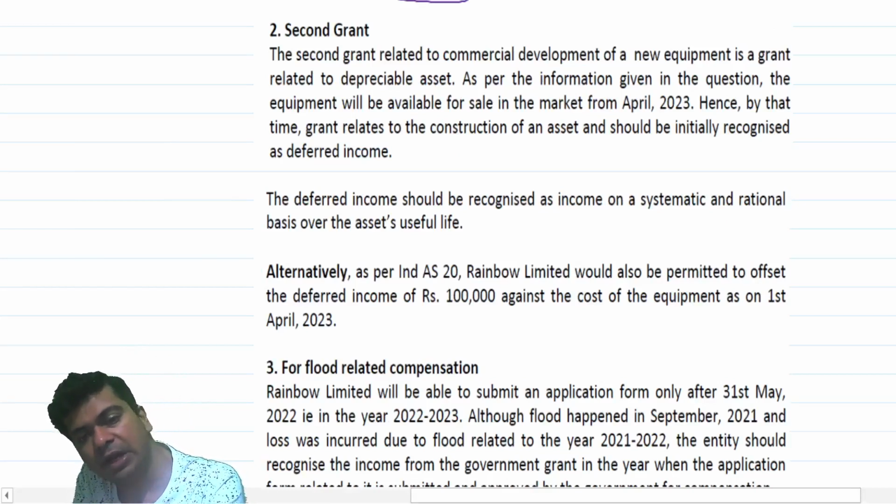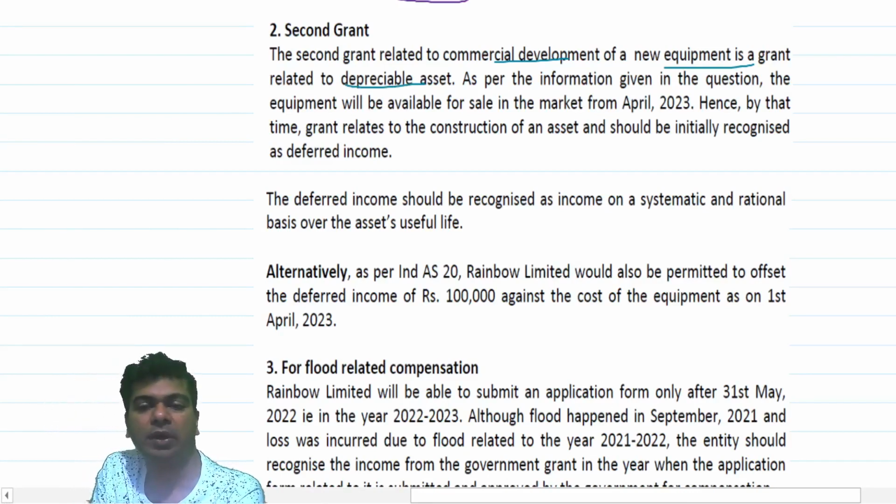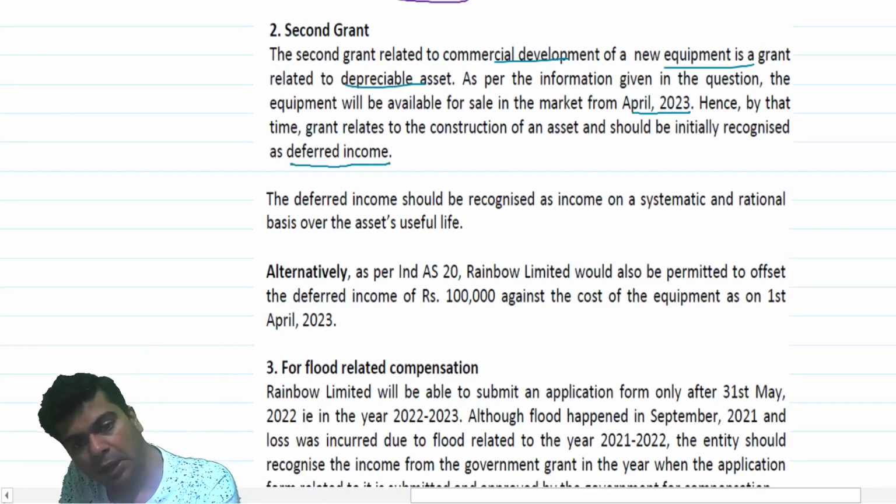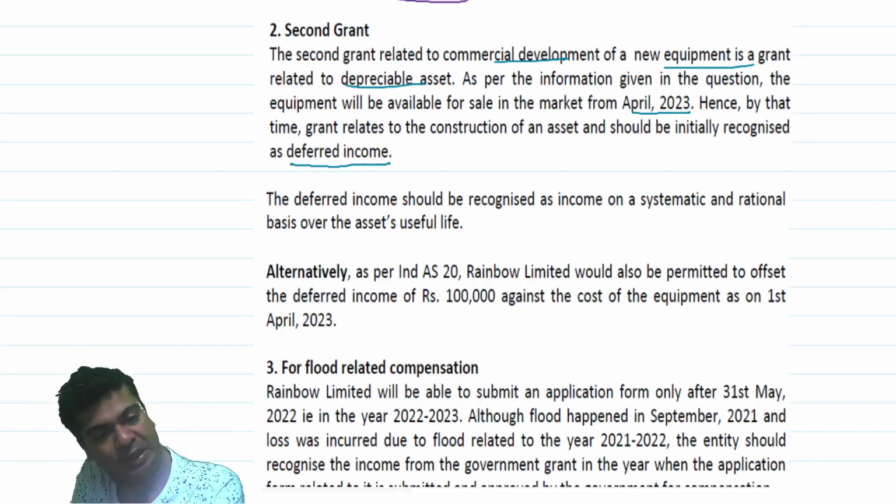The second grant relates to a commercial development of a new equipment, is a grant related to depreciable asset. As per the information given in the question, the equipment will be available for sale in the market from April 2023. Hence, by that time, grant relates to the construction of an asset and should be initially recognized as deferred income. Right? Asset will be available, but that will be available in April 2023. So first show it as deferred income.